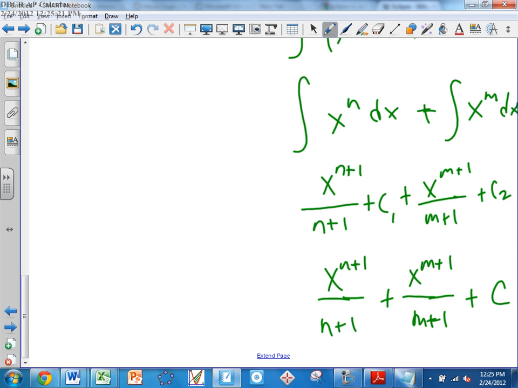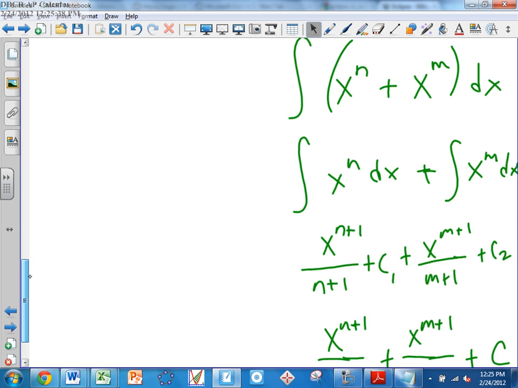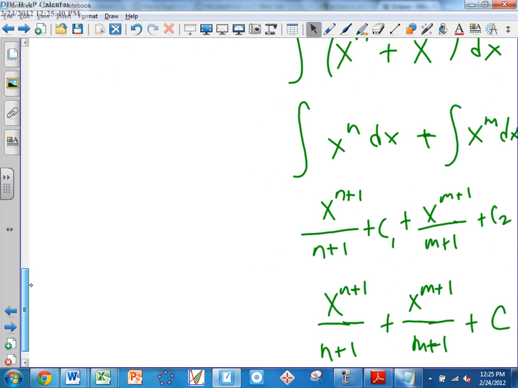So is the x to the m plus 1, are you basically saying the same thing versus x to the n dx plus x to the m dx? Well, what I'm doing here, Houston, is going back to my rule from the beginning. We're starting up here, then we split it up into two integrals.